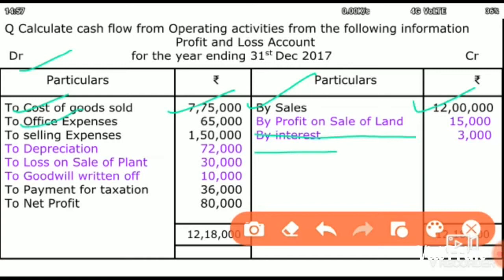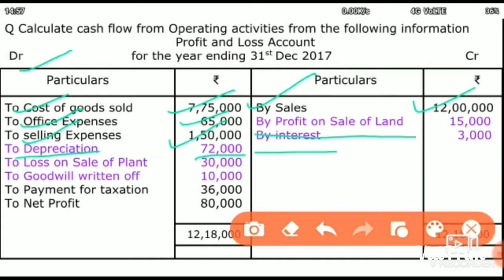Then we can take office expenses, which is an operating item, and it will show an outflow of rupees 65,000. We can take selling expenses, which is also an operating item, and it will show an outflow of 1,50,000. We cannot take depreciation, though it is an operating item, because it is a non-cash item, as we do not pay any money for depreciation. So this 72,000 rupees will not be taken as an outflow of cash.